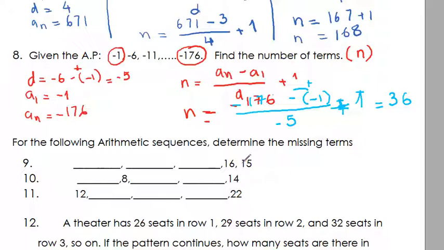You have 5 terms. This is an arithmetic sequence. We don't know the first 3 terms, but we know it is an arithmetic sequence. How do you do this one?